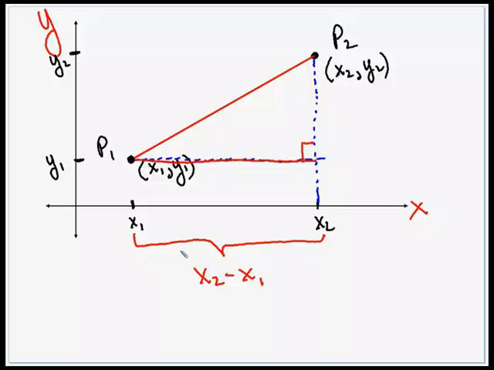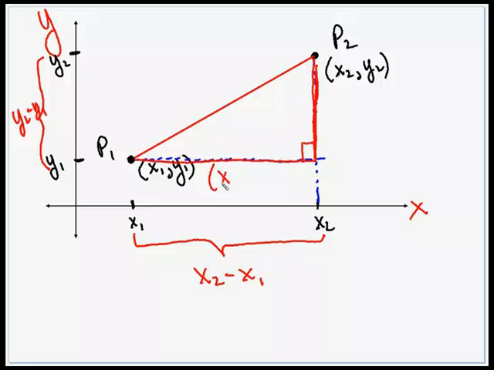And then for this other side of the triangle, if we look over to the y-axis, our point P2 is up here, our point P1 is down here, and if we subtract those, y2 minus y1, we get their distance on the y-axis, and that is also the length of this side of the triangle.